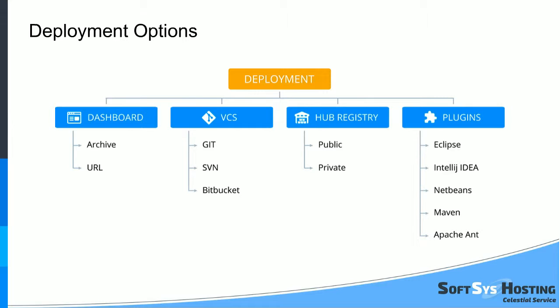You can also deploy from Git, SVN, Bitbucket, or from public and private hub registries. If you prefer to deploy from more specialized tools, plugins that support Eclipse, IntelliJ, NetBeans, Maven, etc. are also excellent to have. Hence, having a variety of deployment options helps in using the deployment method that suits your business best, without having your developers relearn a new method.